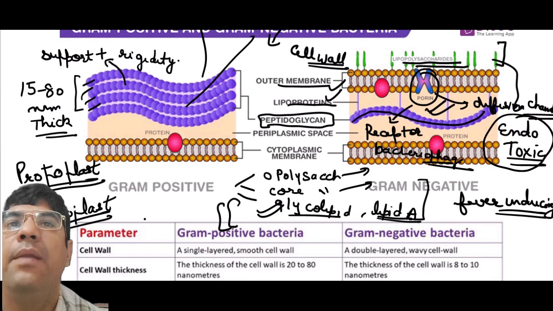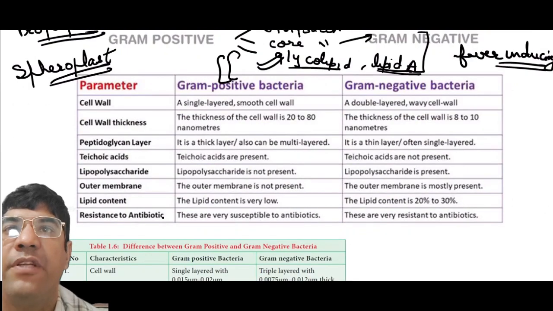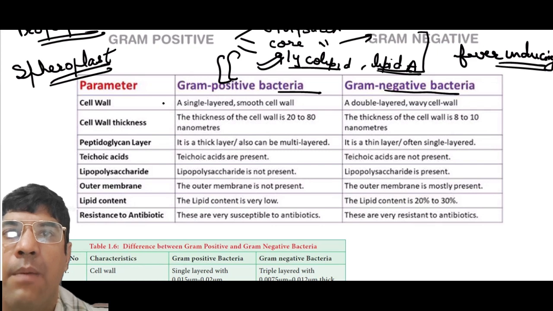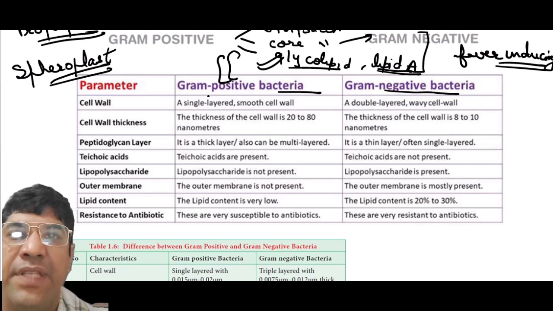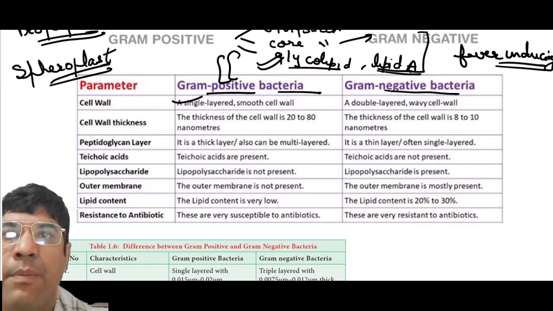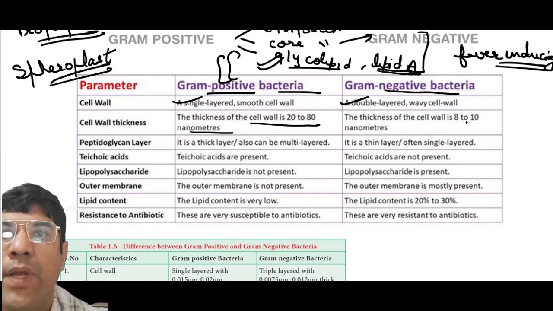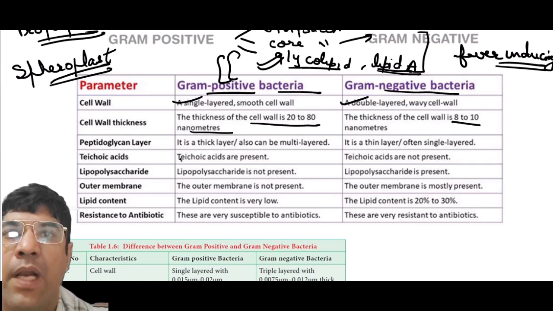So what is the main difference between the gram-positive bacteria and the gram-negative bacteria? The gram-positive bacteria have a single layer smooth cell wall. Gram-negative bacteria have a double layer cell wall. The thickness of the cell wall is 20 to 80 nanometer. Teichoic acid is present. Peptidoglycan is a thick layer, whereas it is a thin layer in the gram-negative bacteria.